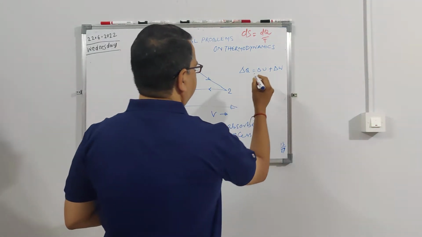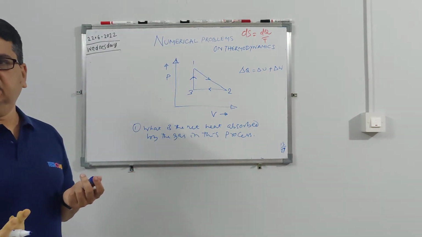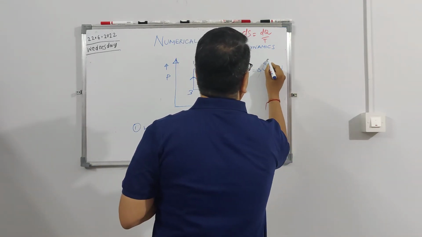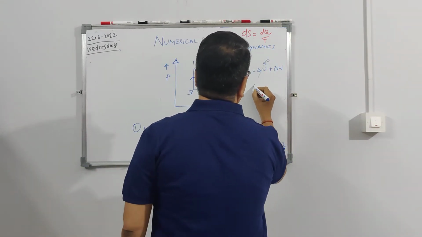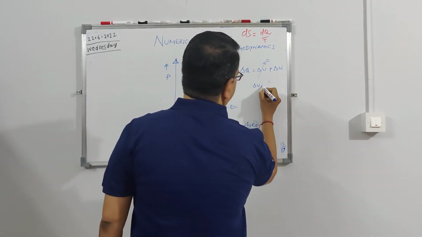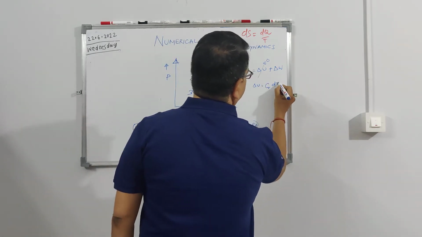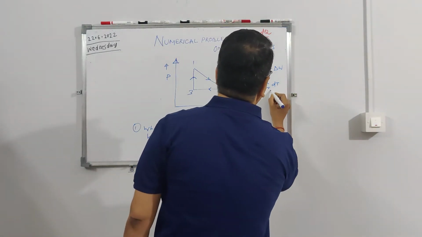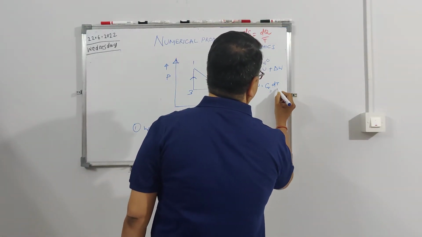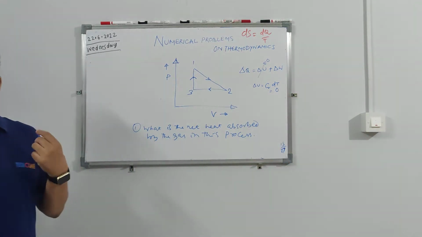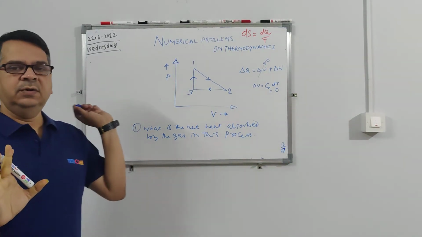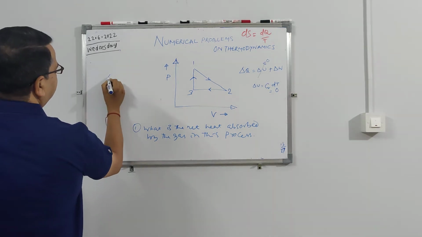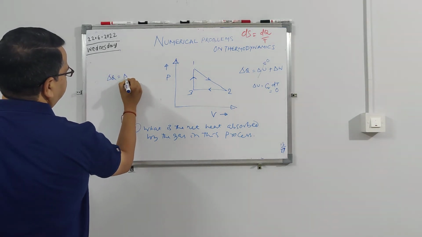That means there is no change in temperature. So del U is equal to 0, because del U is nothing but Cv into delta T, the change in internal energy. Because there is no change in temperature, del U is equal to 0. In any cyclic process, del U will always be equal to 0. Then your del Q becomes equal to delta W.